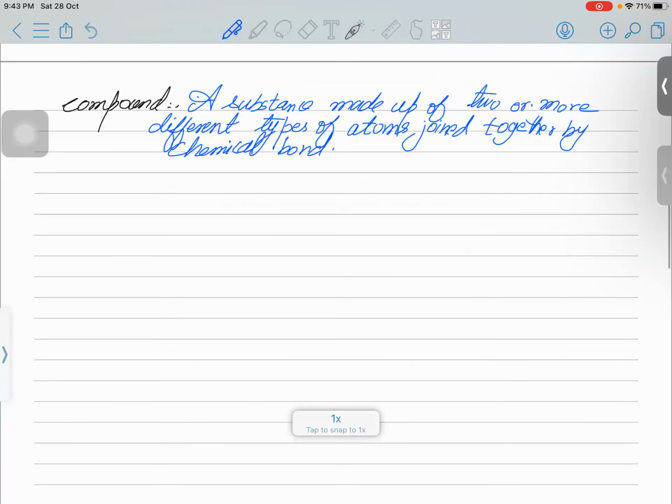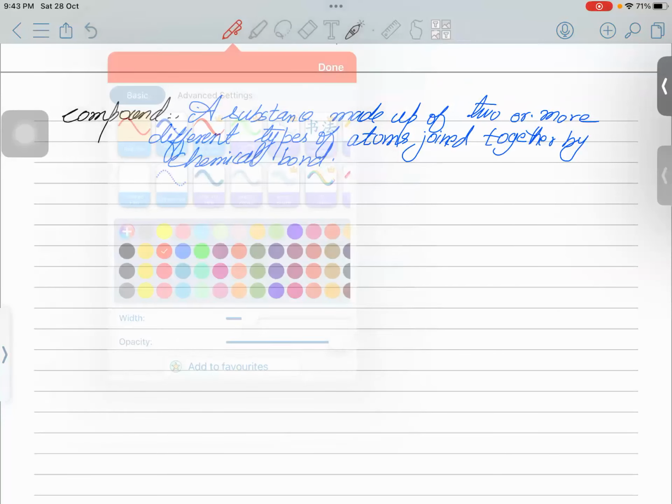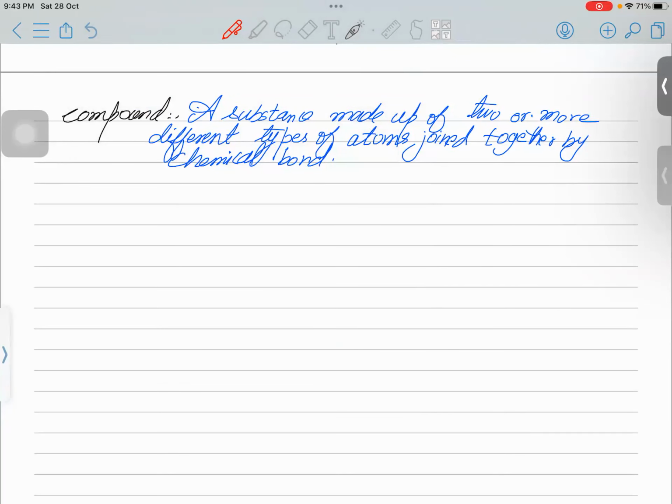Now look at the example. Carbon plus oxygen is equal to carbon dioxide. So this is carbon, this is oxygen, carbon dioxide.